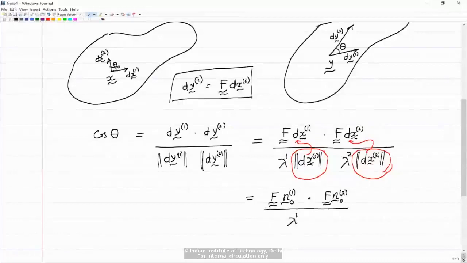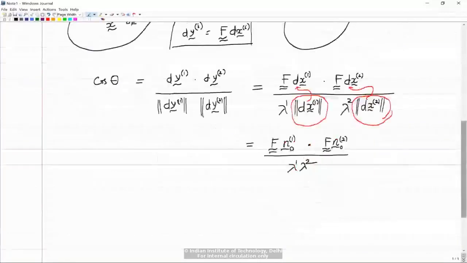So I just write it as lambda 1 lambda 2. So that's how you get the angle between the two line elements.